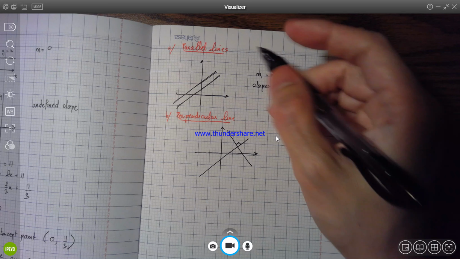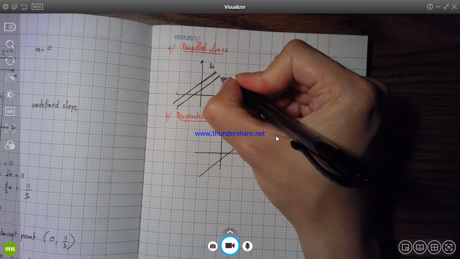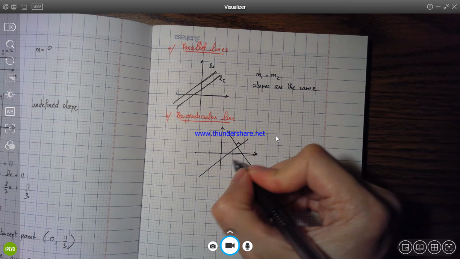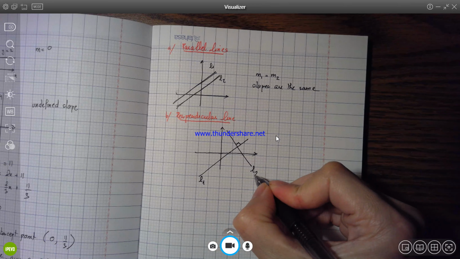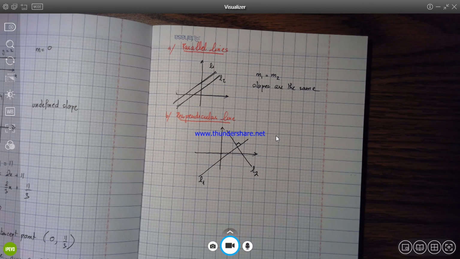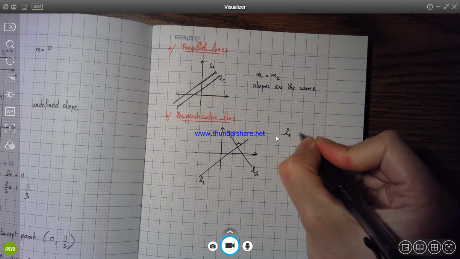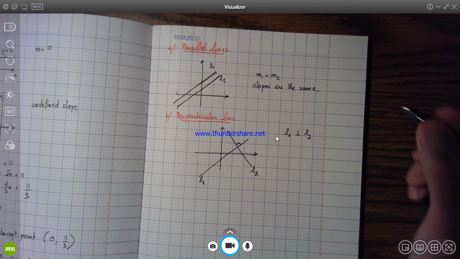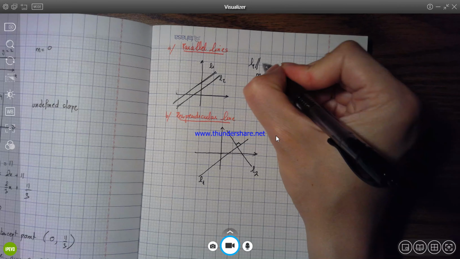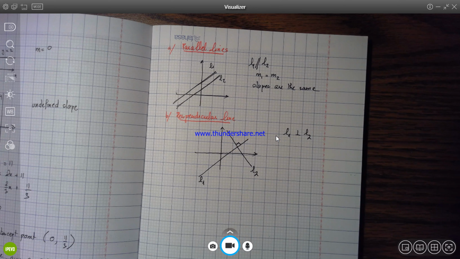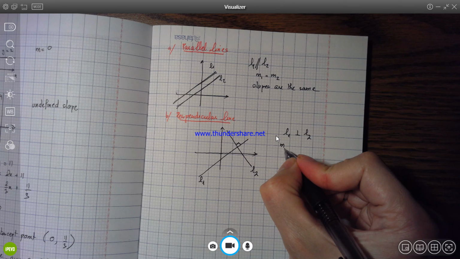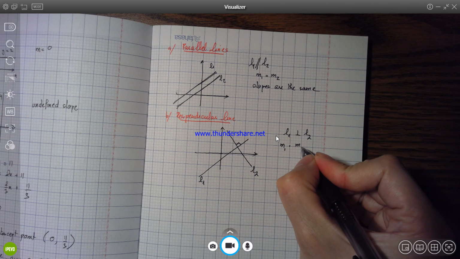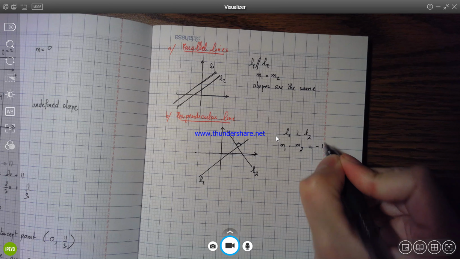Let's call this L1 and this L2. So L1 is perpendicular to L2, and this is L1 parallel to L2. If L1 is perpendicular to L2, then the product of their slopes will be equal to -1.